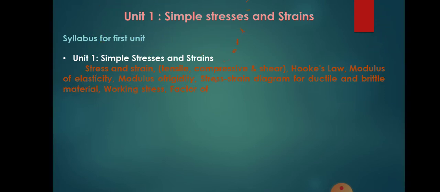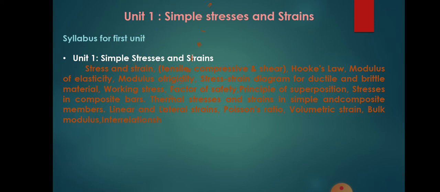Next we are going to see Hooke's law, modulus of elasticity, modulus of rigidity, stress strain diagram for ductile and brittle material, working stress and factor of safety, principle of superposition, stresses in composite bars, thermal stresses and strains in simple and composite member, linear and lateral strains, Poisson's ratio, volumetric strain, bulk modulus, interrelationship between the elastic constants.